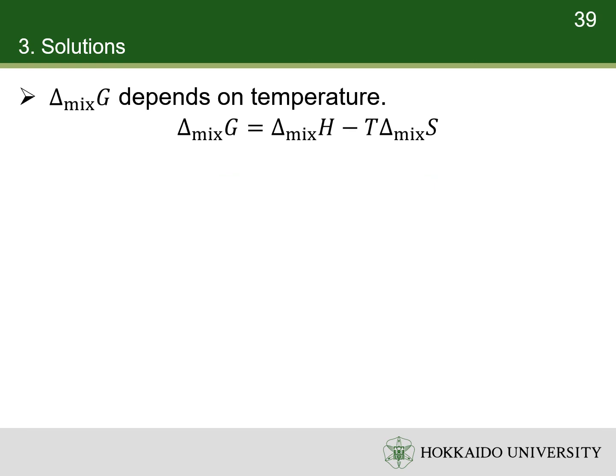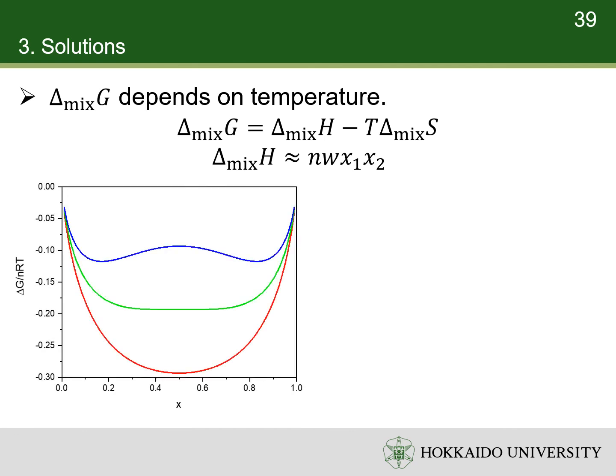The solubility depends on temperature because the Gibbs free energy of mixing depends on temperature. The calculation of enthalpy of mixing is complicated. A rough model shows that it is proportional to the product of the mole fractions of the two components. Based on this model, we can find that, at high temperature, the Gibbs free energy of mixing is always negative, and has a positive second derivative because the entropy of mixing overwhelms.